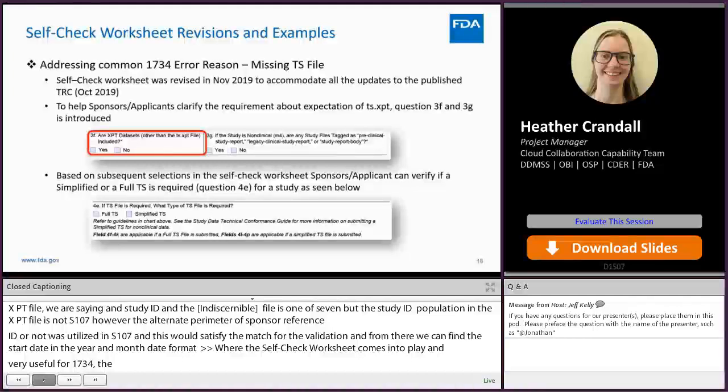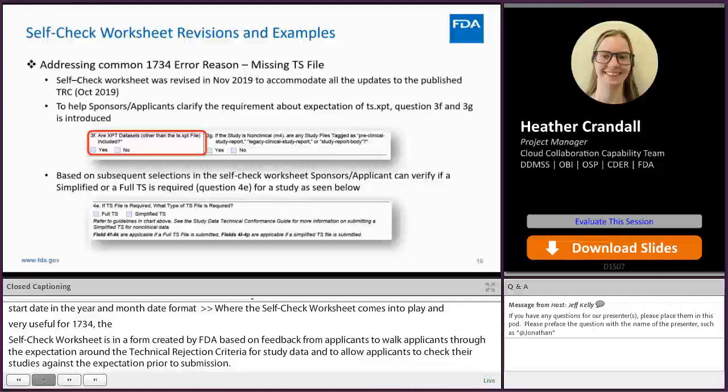There is no expectation that a self-check worksheet would accompany studies upon submission. This is simply for applicants' reference.